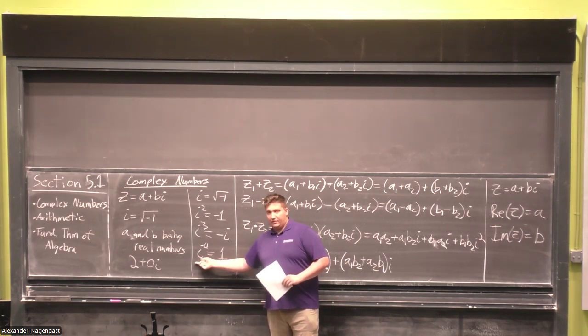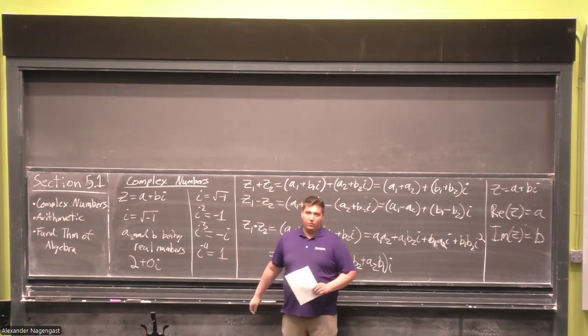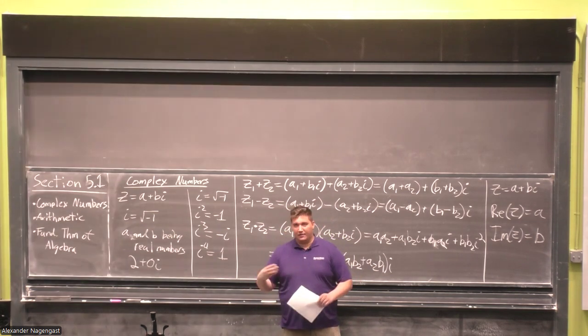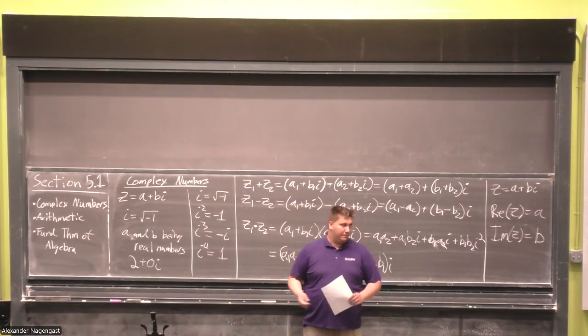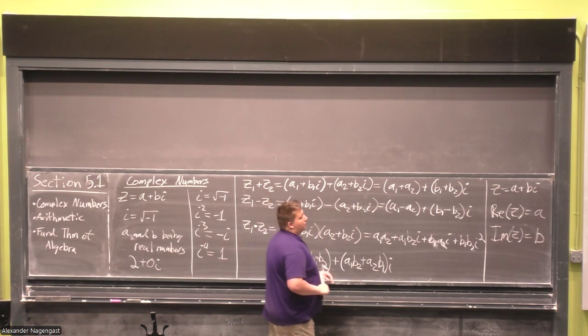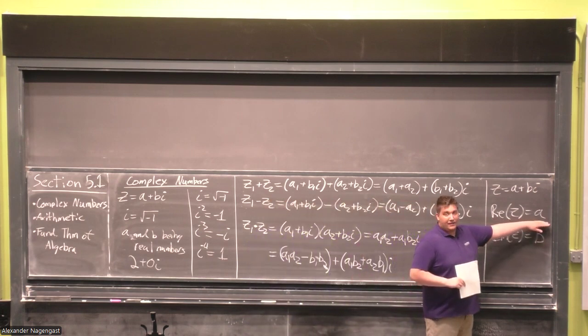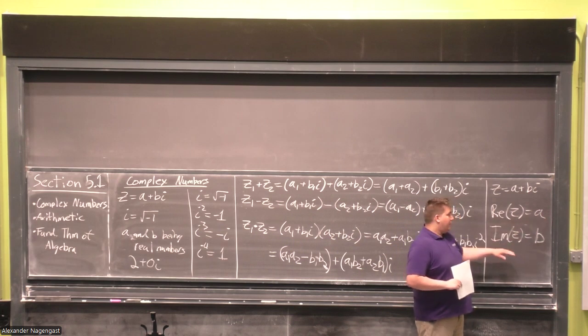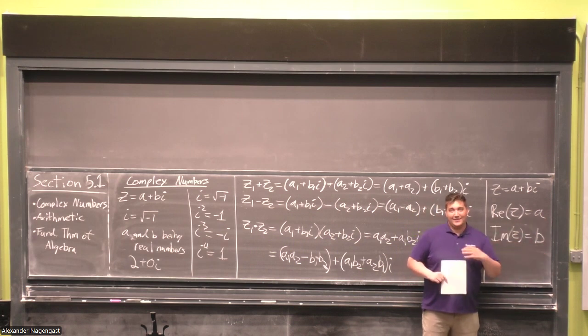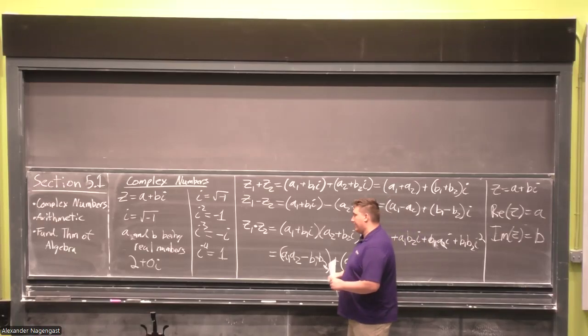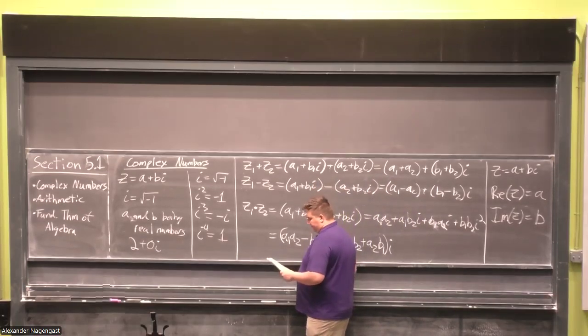And then if we have i to the fourth, we're real again, and i to the fifth, it cycles through again. So remember that real of z is anything that doesn't have an i attached to it, imaginary of z is anything that does have an i attached to it.